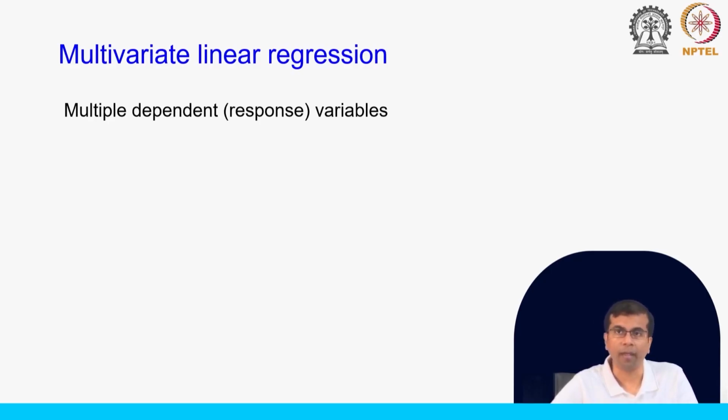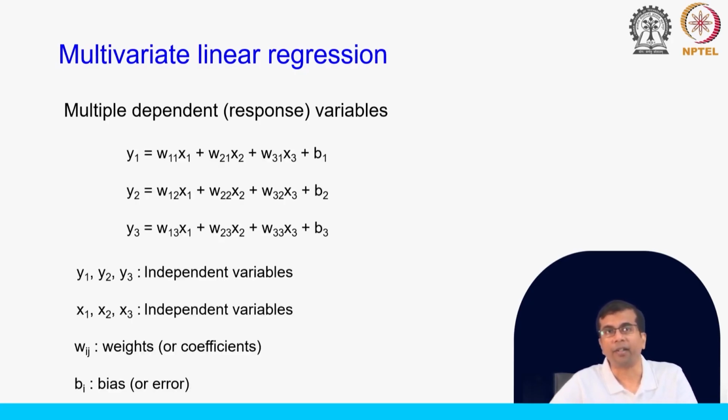In the hands on, we will very briefly see how we can apply multivariate linear regression to biological data. As I said, instead of one y, now we have three y's, y1, y2, y3, and each of them depends on the independent variables x1, x2, x3.